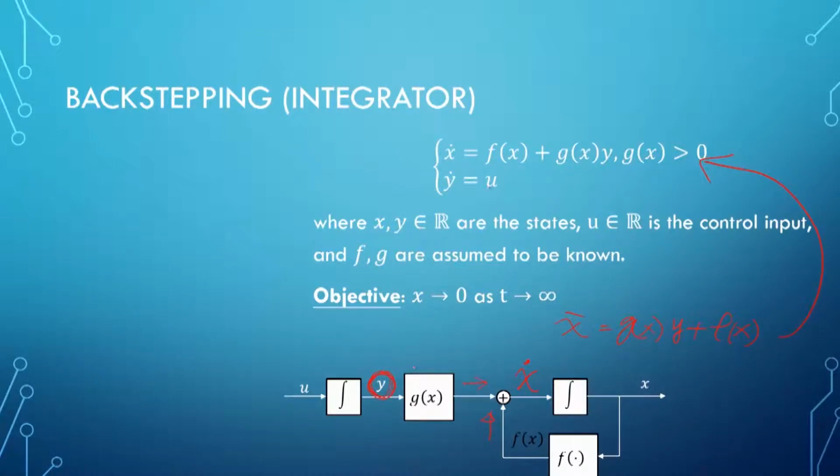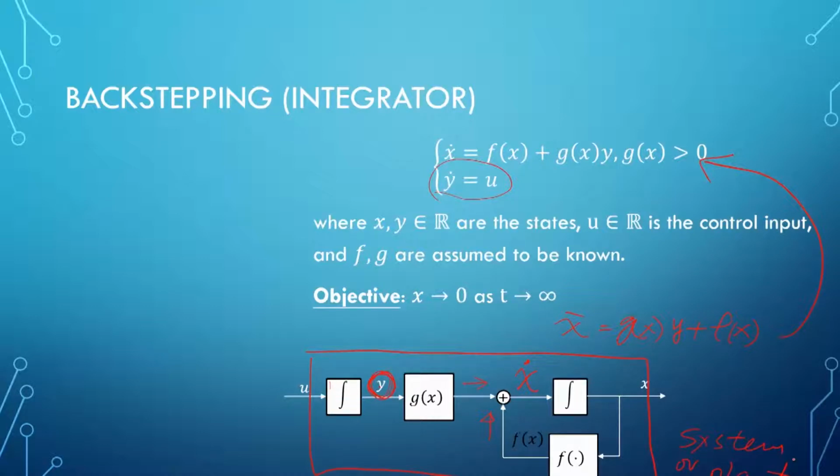It comes from the control input u with the integration, right? You integrate u and get y based on this. Okay, so this is the system block diagram, and all this is called the system or plant.